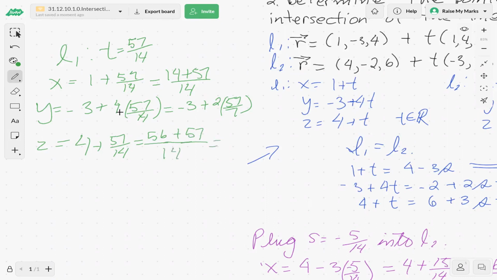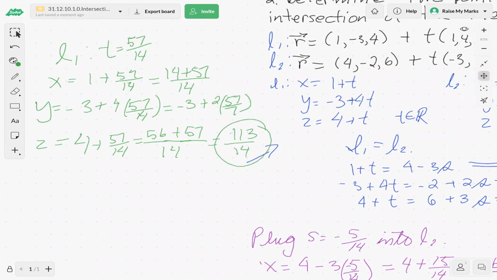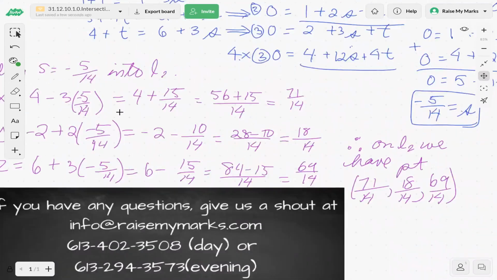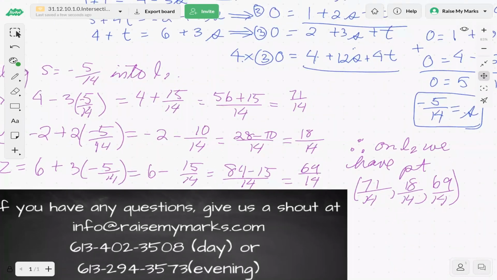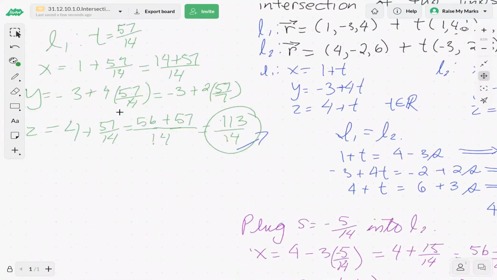Well, let's look at this value. Okay. So our Z component on line 1 is 113 over 14. However, the Z component on line 2 is 69 over 14. So already we know, therefore, there's no point of intersection.